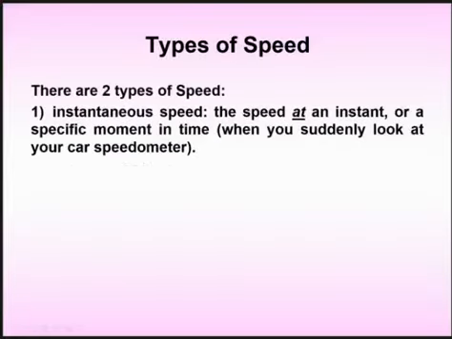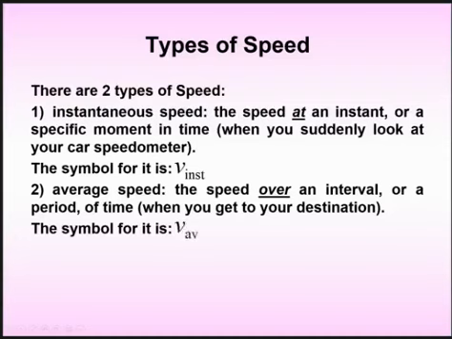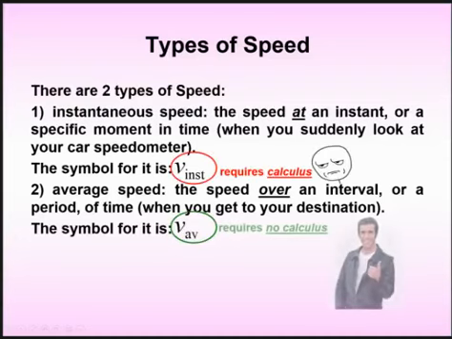How many types of speed are there? Instantaneous and average. Instantaneous is whatever you see on the speedometer, which is the one we're going to deal with. Instantaneous speed is your scalar speed at an instant or a moment in time, when you suddenly look at your car speedometer.